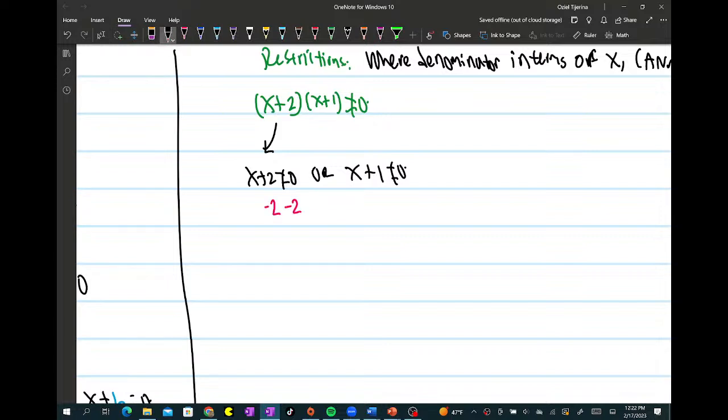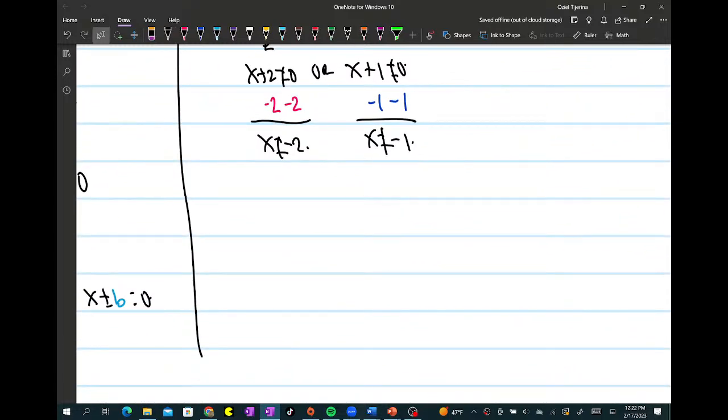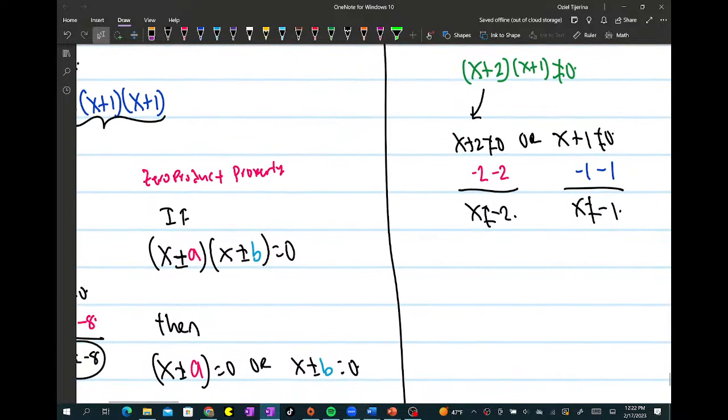Subtracting 2 on both sides, we get x cannot equal negative 2. And subtracting 1 on both sides, we get x cannot equal negative 1. So these are my restrictions, right?